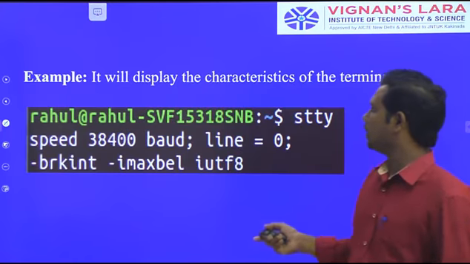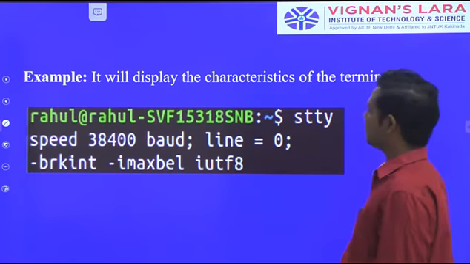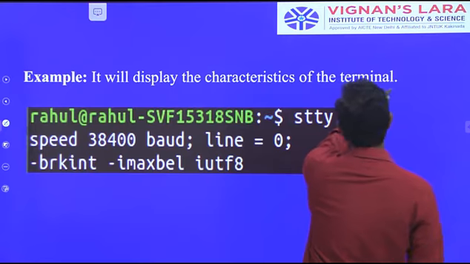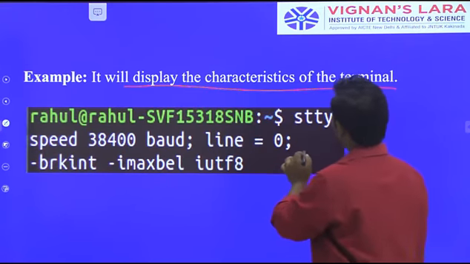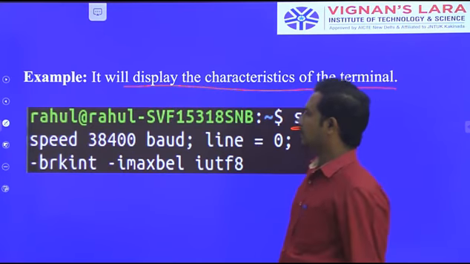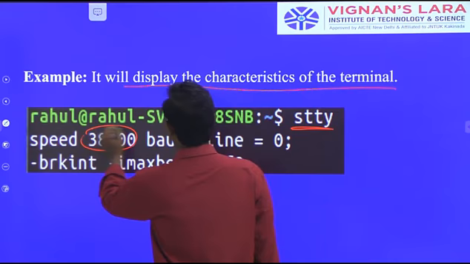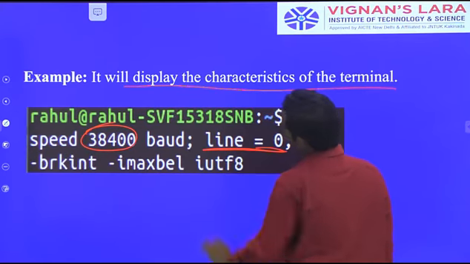Now the example is, it will display the characteristics of the terminal. How is it displayed? Just type STTY. It shows how much speed your terminal has, the baud rate, how many lines you are using in the terminal.